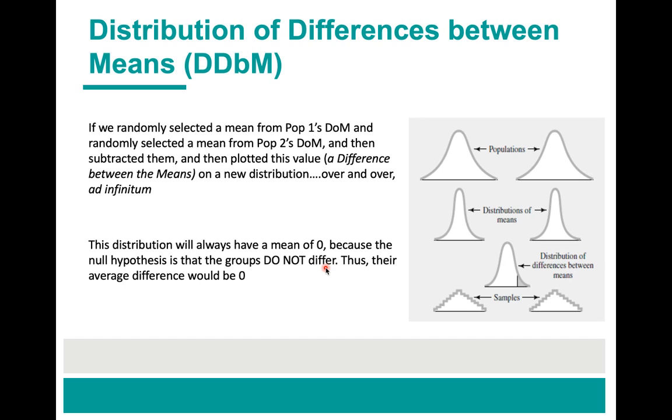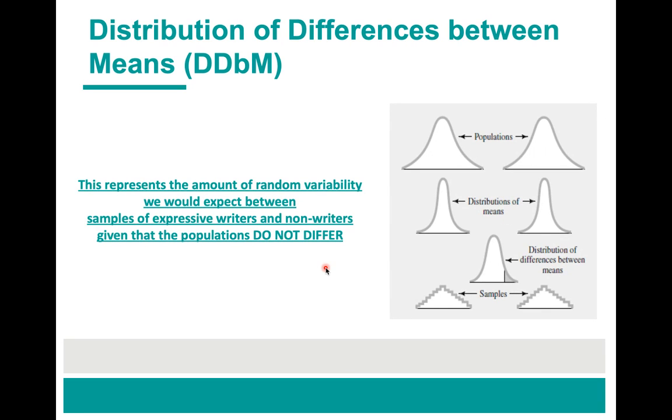And if we know how much we should expect group 1 to differ from group 2 just because of randomness, then we can evaluate: do our groups differ more than that expected randomness? So our denominator represents the amount of random variability we would expect between samples of expressive writers and samples of non-expressive writers, given the null hypothesis, given that they do in fact not differ at the population level.